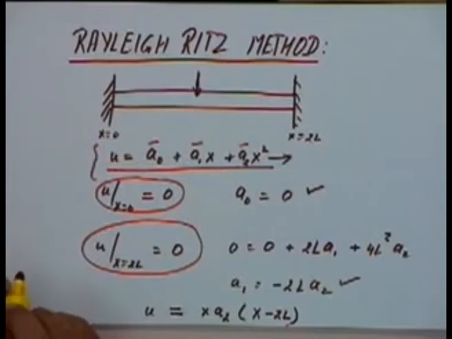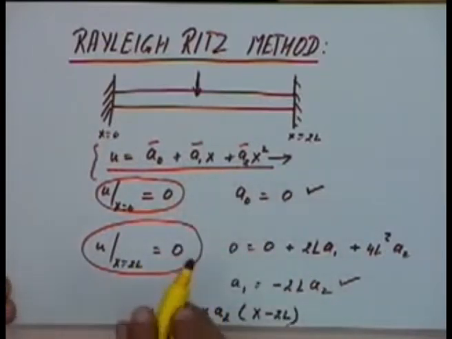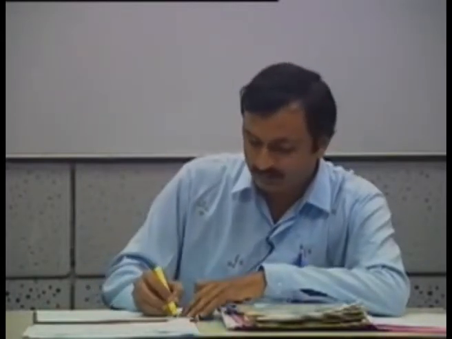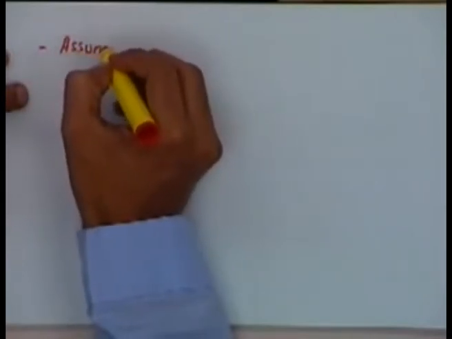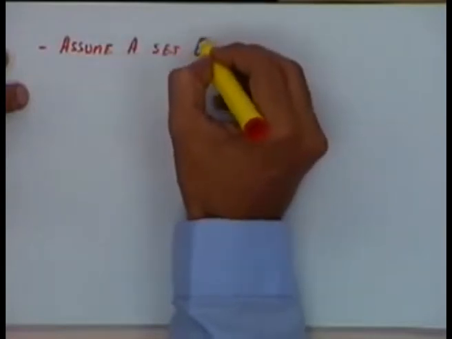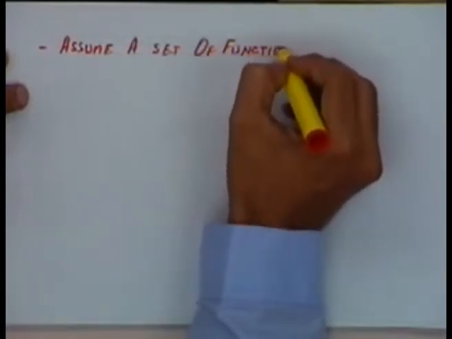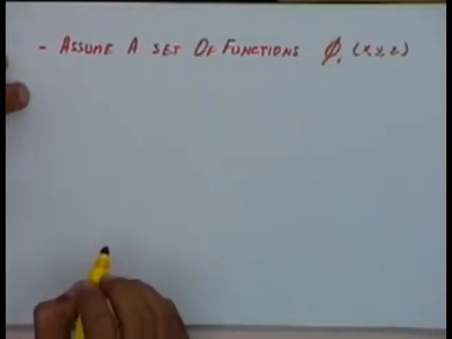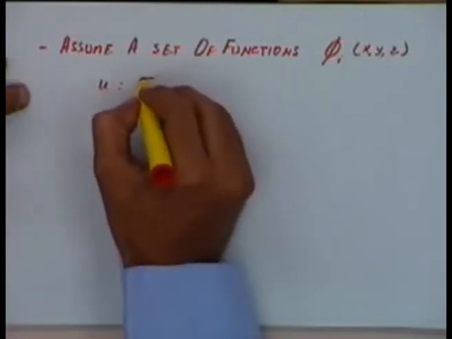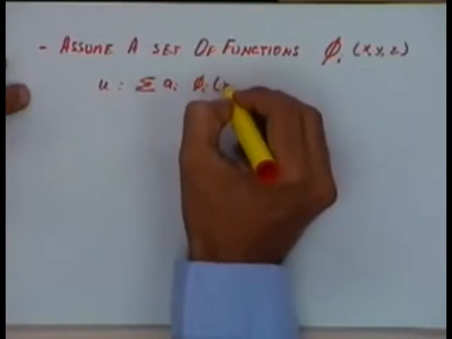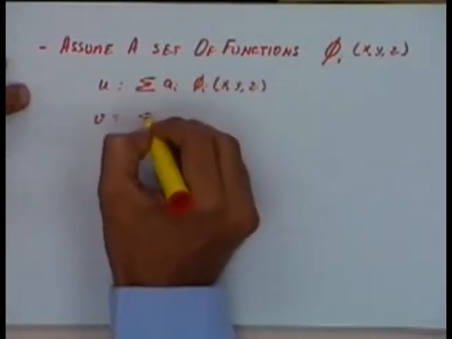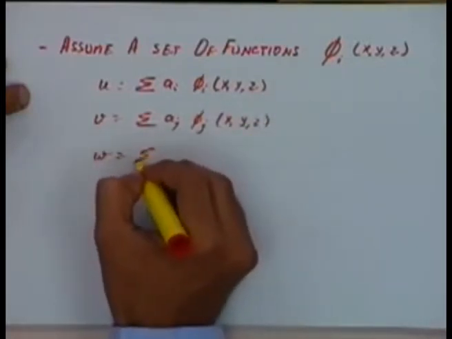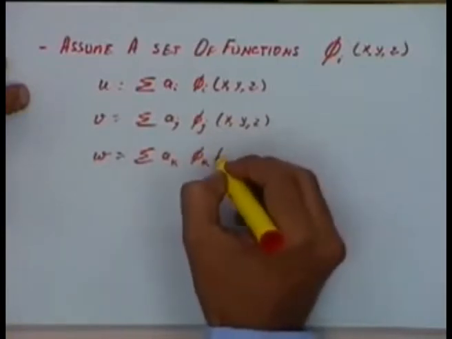So the first step in the Rayleigh-Ritz method is to assume a set of functions, let us say phi i of x, y and z, such that u is equal to sigma ai phi i of x, y, z, v is equal to sigma aj phi j of x, y, z, and w is equal to sigma ak phi k of x, y, z.